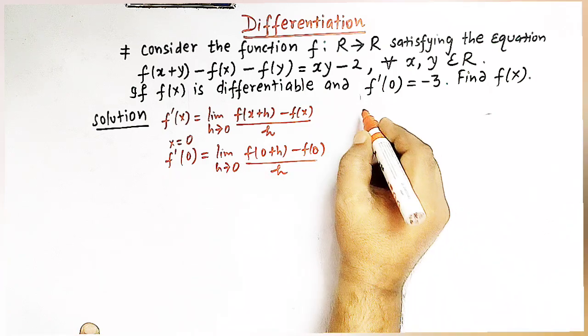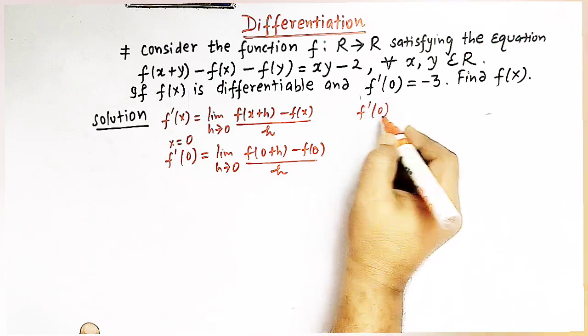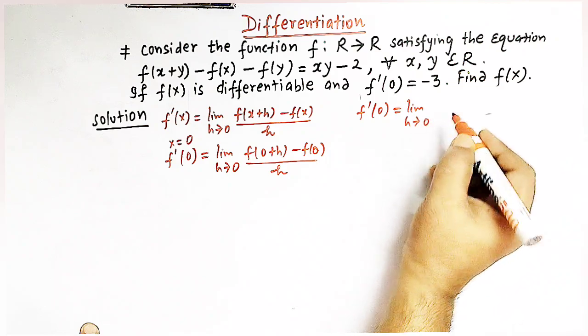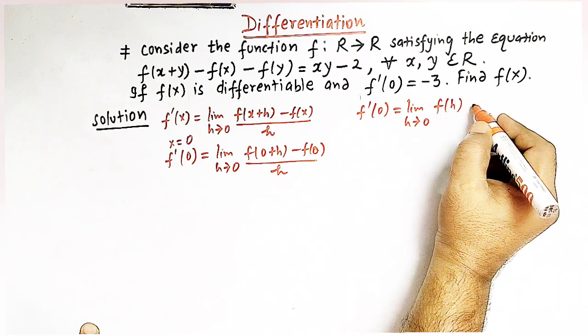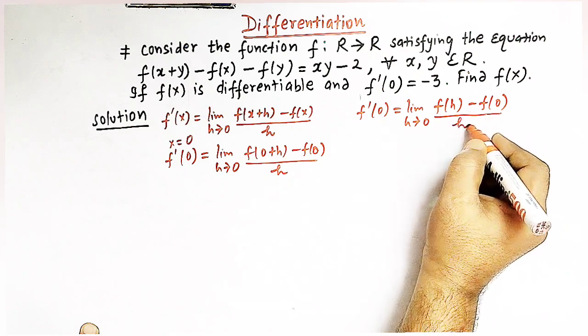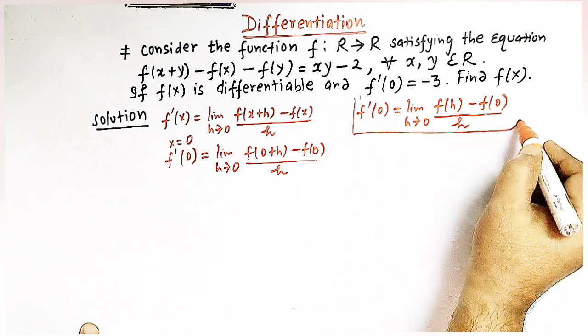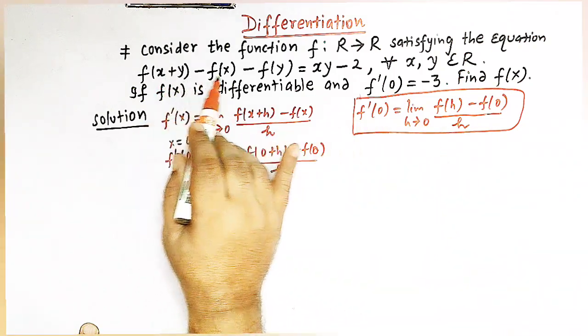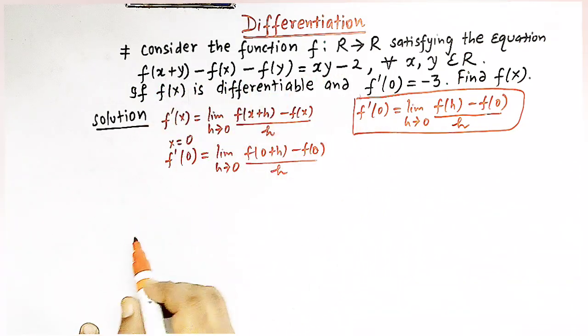So now f prime of 0 is given by this limit, that is limit h tends to 0, f of h minus f of 0 divided by h. So this limit is going to be very useful while solving this functional equation.